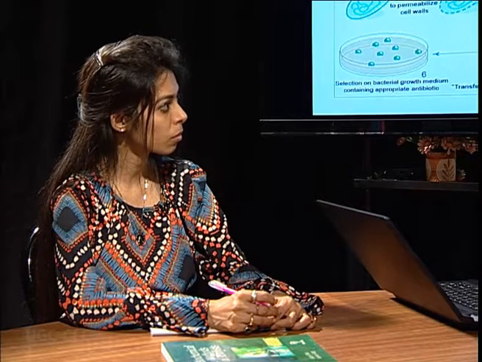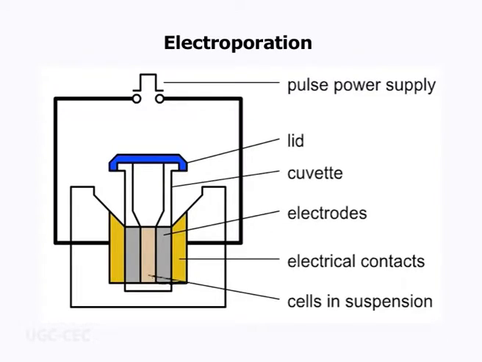Apart from this, if the bacterium is gram positive in nature, which has a thick peptidoglycan layer, under such circumstances calcium chloride mediated artificial transformation may not give fruitful results, so we may go for electroporation, wherein the transformation efficiency is also very high. The basic principle of electroporation is that we introduce the cells inside a cuvette between two electrodes.